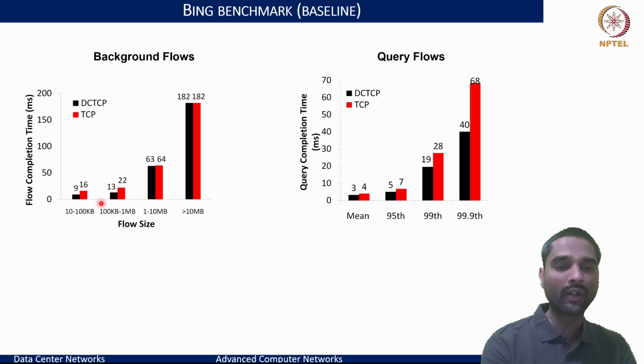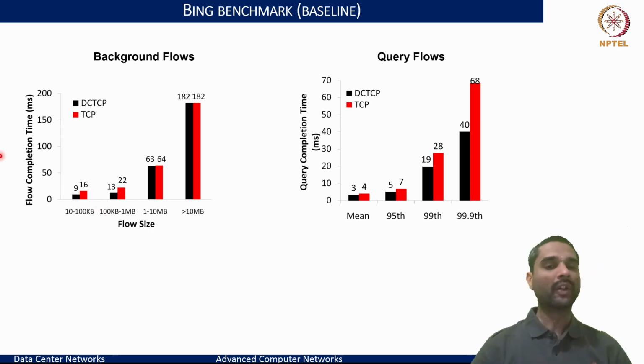For the 10 to 100 kb flows that we are seeing here, the flow completion times are almost half as opposed to the regular TCP version. That's basically 9 milliseconds that DCTCP took for completion of a 10 to 100 kilobyte flow, as opposed to TCP taking around 16 milliseconds.